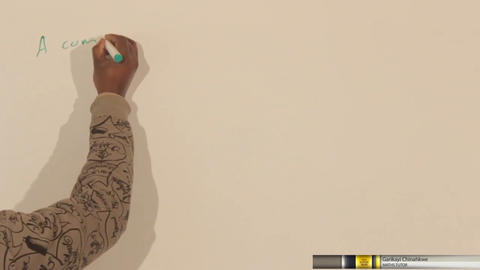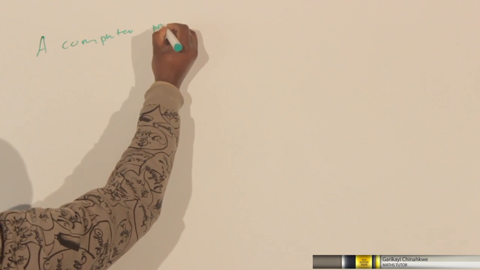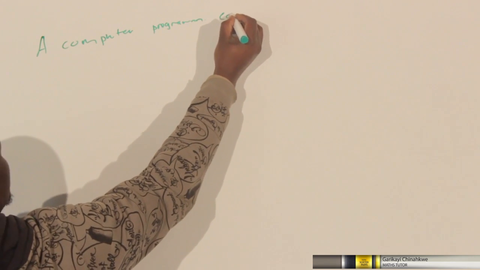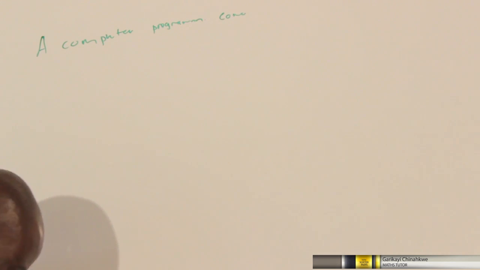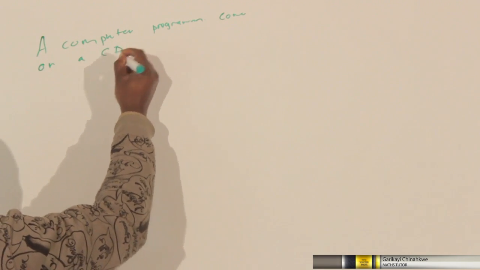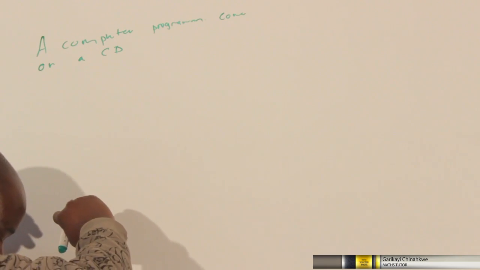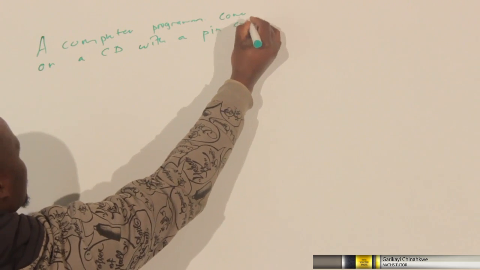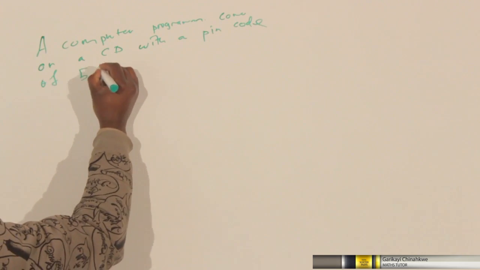Okay? I'm going to give you another example. A computer program comes on a CD with a pin code of 5 characters.